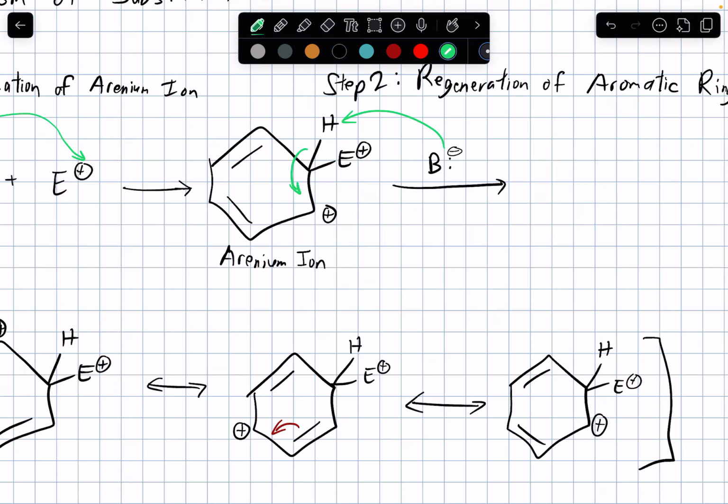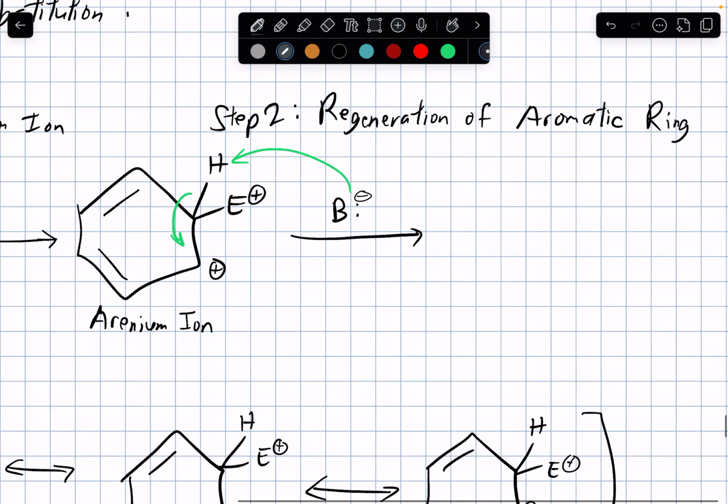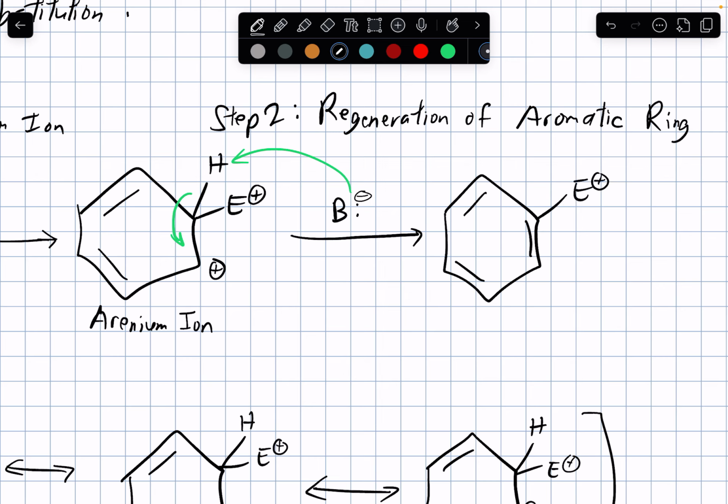So let's try this. So 2 arrows in step 2. The outcome is going to be, so the double bond is seen again, and the hydrogen is gone. It is taken by the base, no? But you don't have to show that anymore.